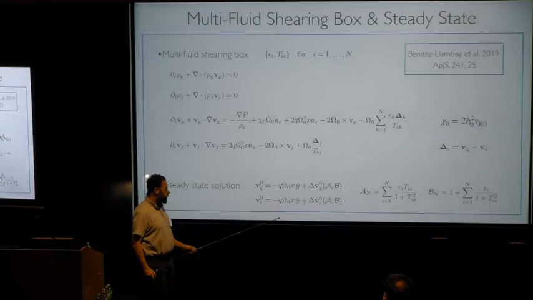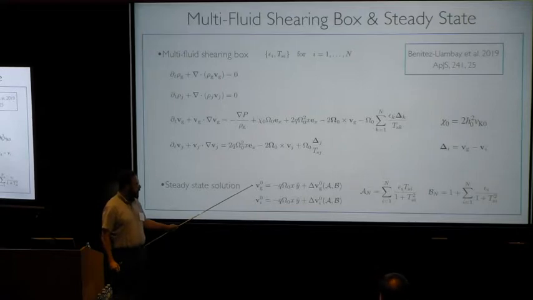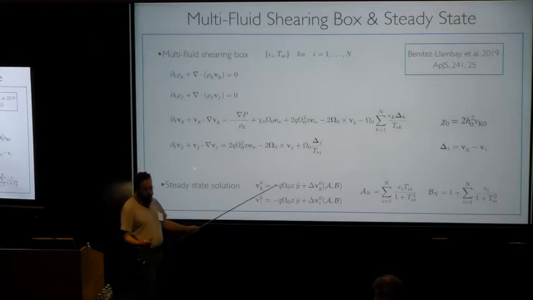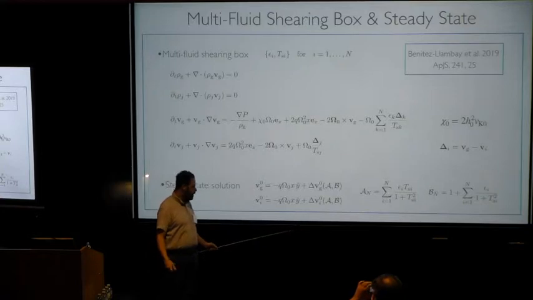I'm not going to write down the explicit expressions, but the solution looks quite generically like this. The velocity of the gas and the velocity of the dust for each species can be written as a Keplerian form, plus a departure from this, which I'm not going to bother to write down explicitly.